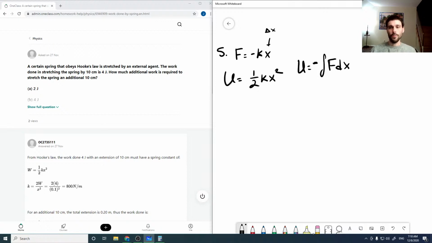Okay, so if we increase our x by 10 centimeters, then we're increasing our energy by 4 joules. Or another way of saying this is that 4 joules is a half k times 10 centimeters squared.